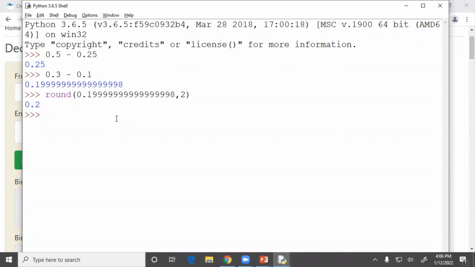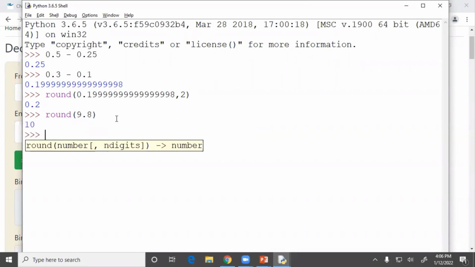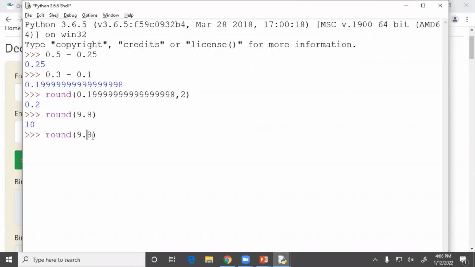So let's see. Round. And let's say, for example, what do we have? 9.8. And as you can see, the answer, as you expected, is going to be 10. Clear? Round, the same round. And we said, for example, 9.4. The answer is going to be 9.